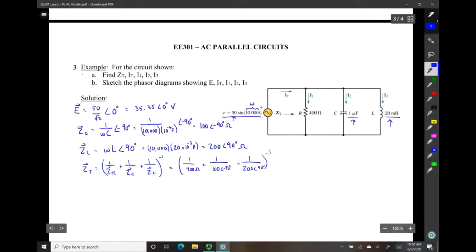Take all of that to the negative first power, plug this into your calculator, and our Z total will be 178.9 ohms with an angle of minus 63.5 degrees.